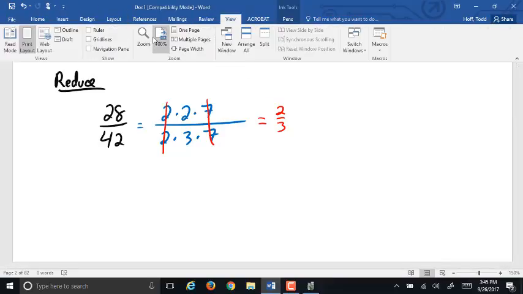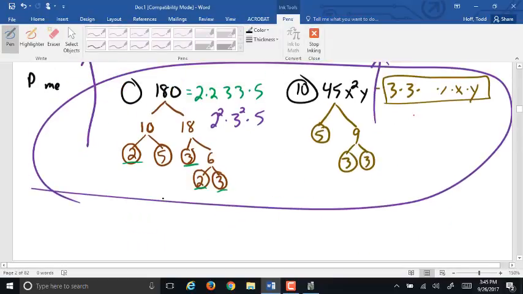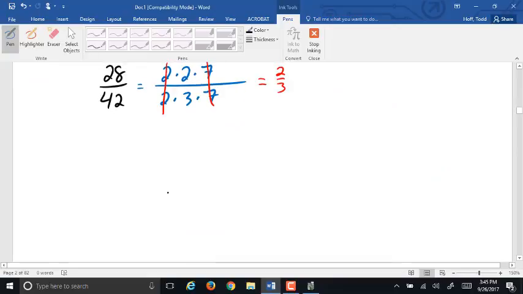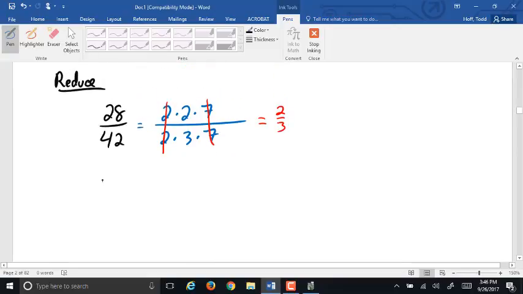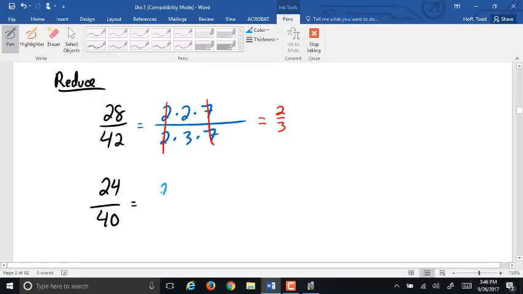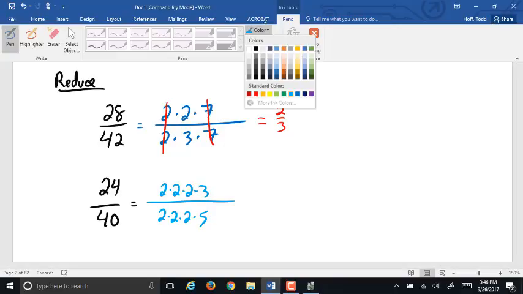What was the other one we had up there? I can't remember. 24 over 40. So 24 over 40, we could have done the same thing. 24, if we factor it, is 2 times 2 times 2 times 3. 40 is 2 times 2 times 2 times 5.